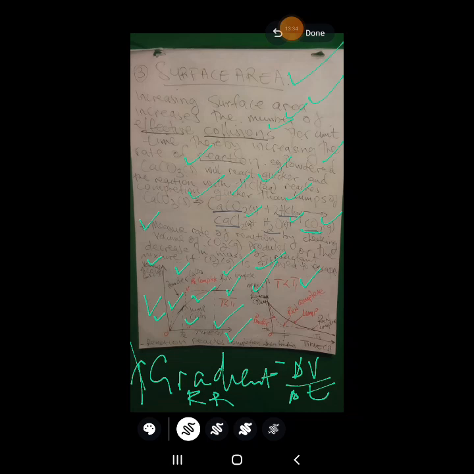If we plot the graph of mass versus time, with mass on the vertical axis and time on the horizontal axis, we start with a certain mass, and that mass is going to exponentially decrease until a certain time t1, where it flattens out and becomes horizontal, and at that time we said the reaction would have reached completion.